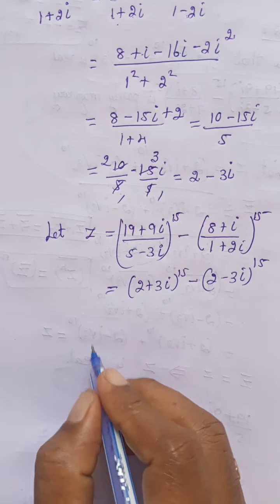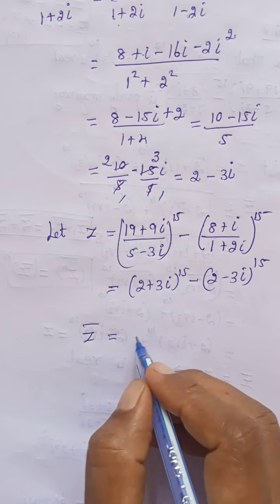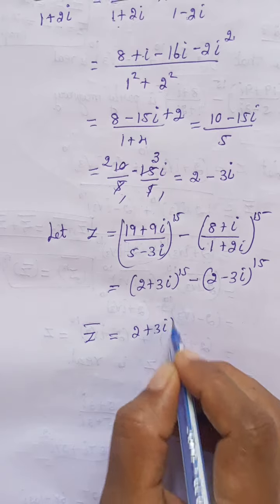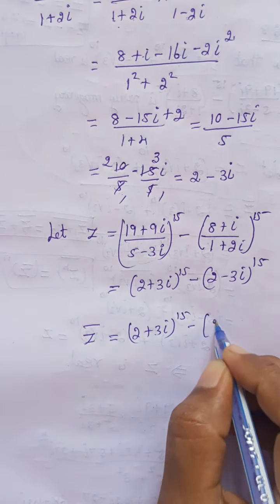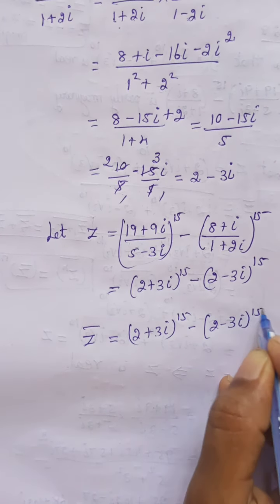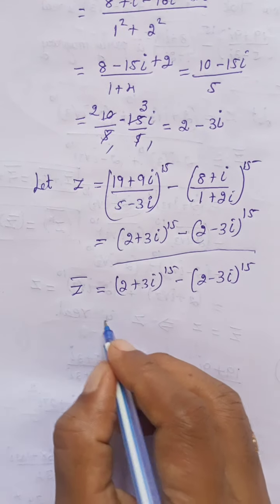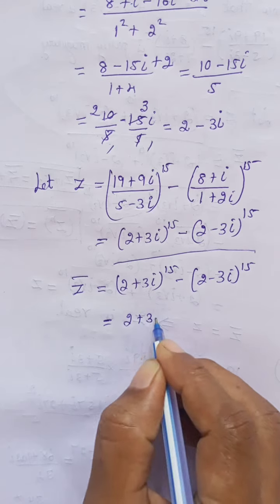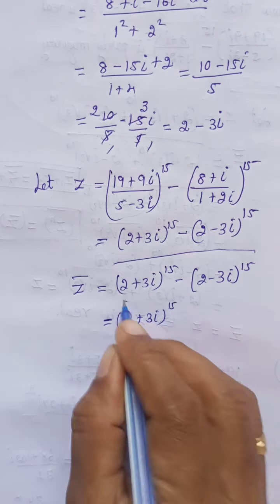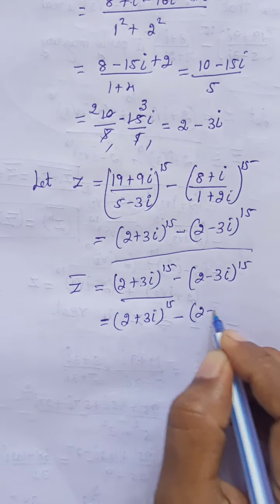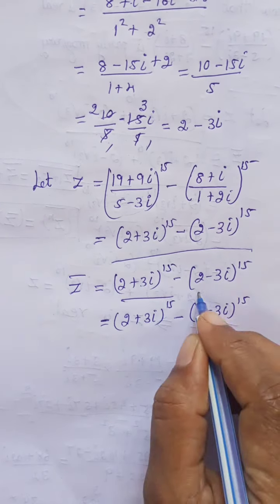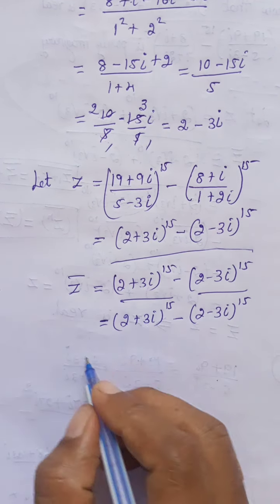Now shall we find z bar? If I find z bar, it is ((2 + 3i)^15 - (2 - 3i)^15) the whole bar, same as the previous step. Now we can separate it: ((2 + 3i)^15) bar minus ((2 - 3i)^15) bar.